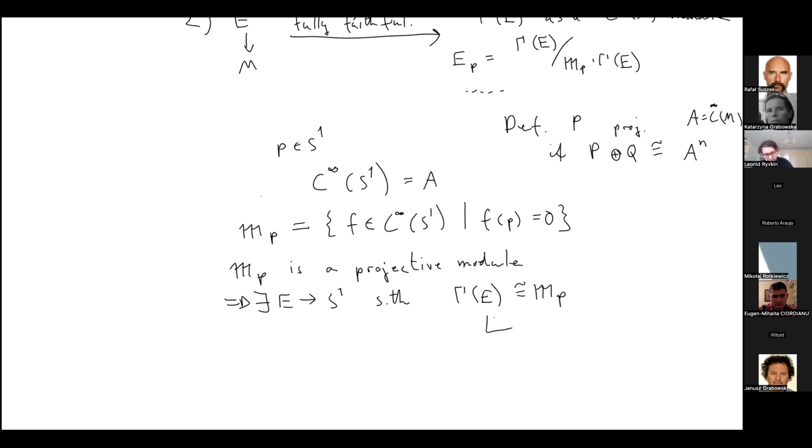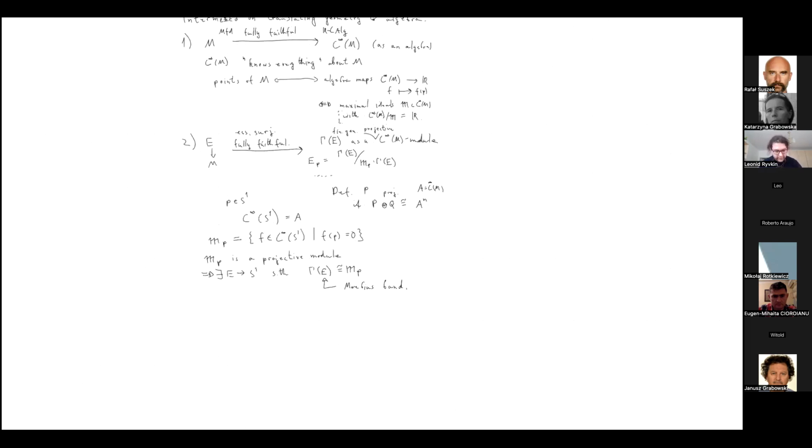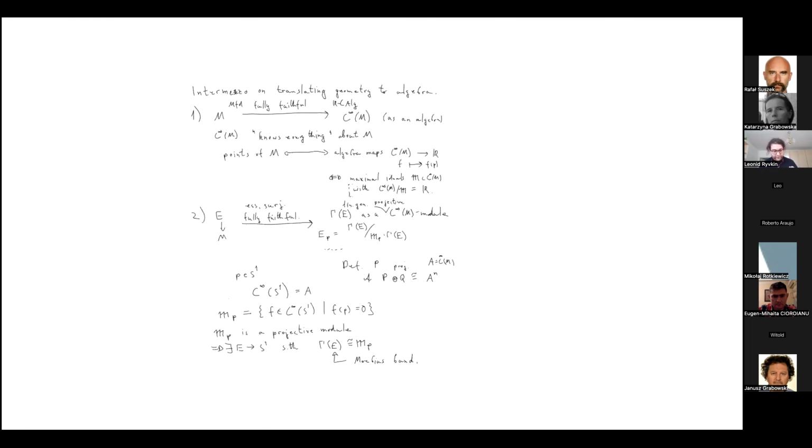So this will be, again, the Möbius band. This might reappear at the very end if we get to the examples.